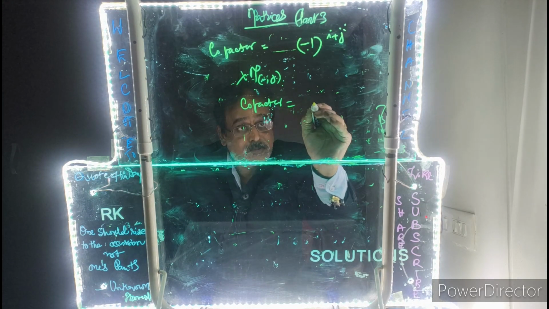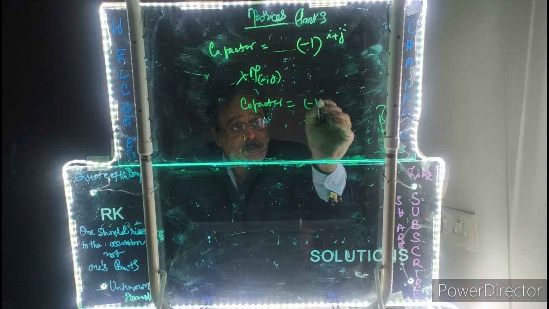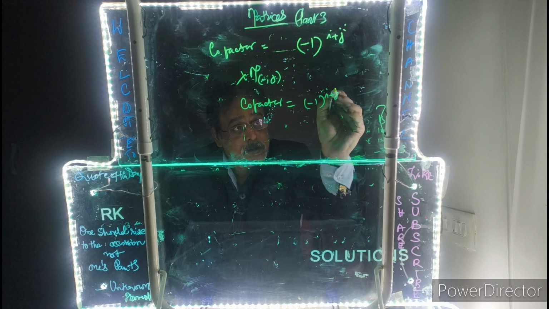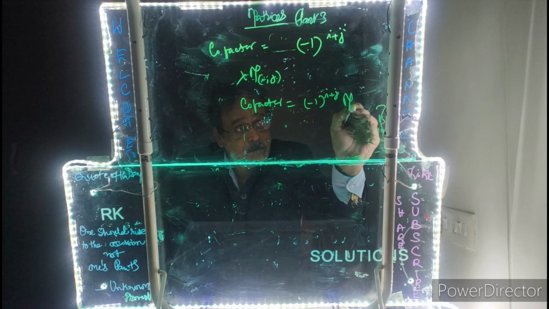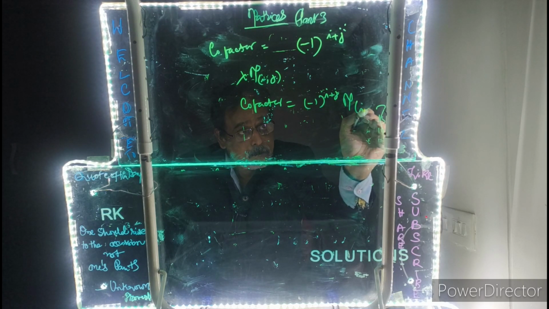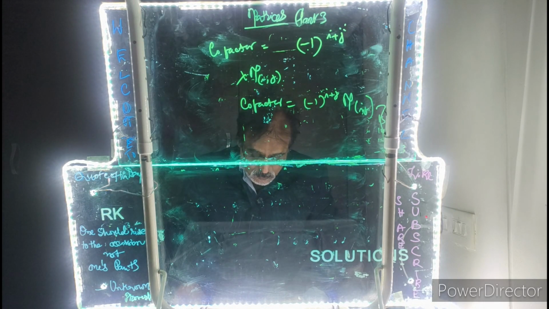Cofactor is equal to minus 1 raised to i plus j times Mij.